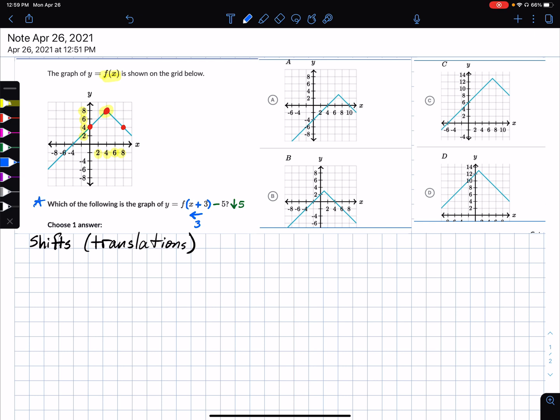So technically this point that I'm starting with is at 4, 8. So if I shift it left 3 and down 5, left 3 is going to put me at 1, and then down 5, from a height of 8 down 5 will be at 3.